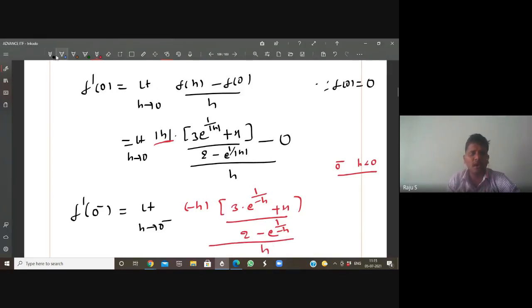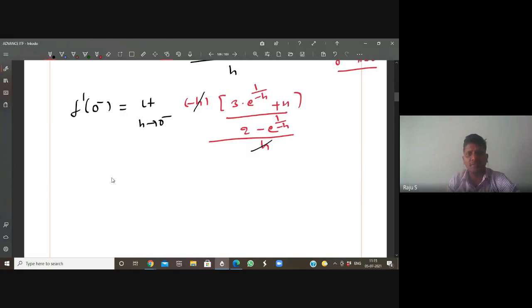Now I want to cancel this h. The h gets cancelled. Now you can replace h by 0 directly. So 3 times e to the power of minus 1 by 0, plus 4, by 2 minus e to the power of minus 1 by 0.